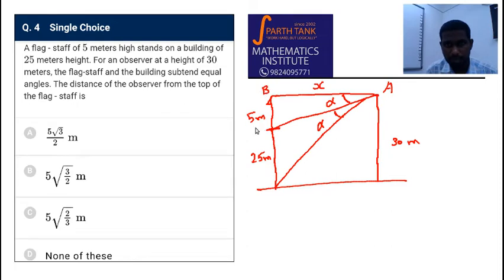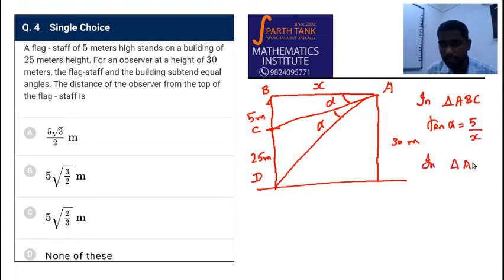Alright, this is a very simple question. Let us name the triangles for convenience. We know in triangle ABC, tan alpha is 5 upon x. Same way, in triangle ABD, tan alpha would be 30 upon x, right? I'm sorry, tan 2 alpha, because the angle here is 2 alpha.